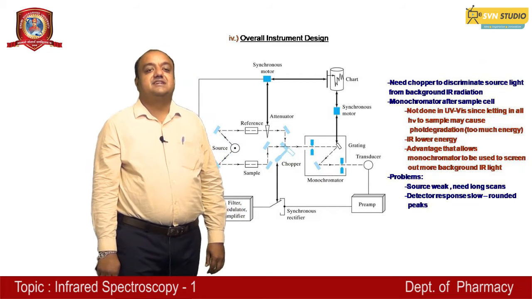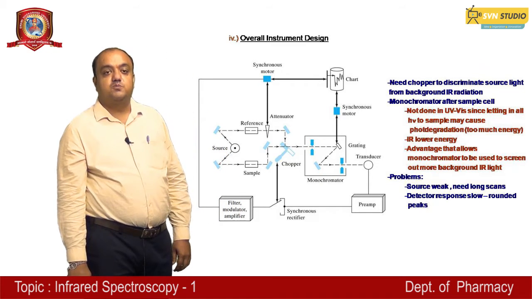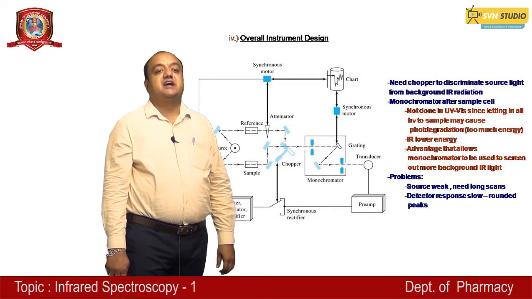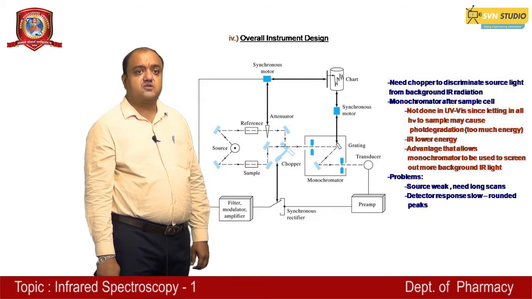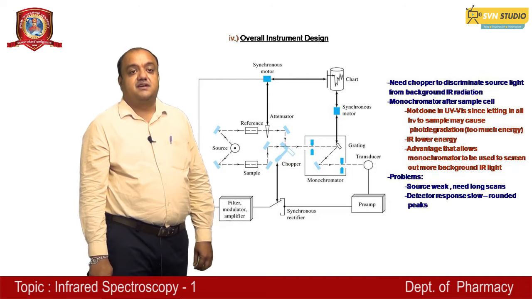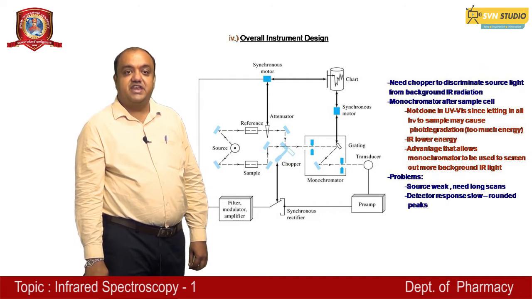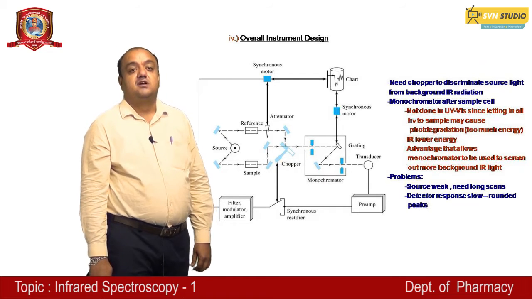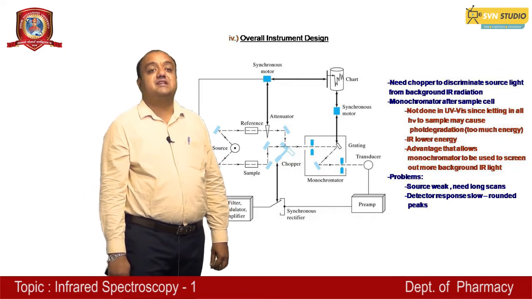IR has lower energy, an advantage that allows the monochromator to be used to screen out more background IR light. And two problems are there: the sources are weak and need a long scan, and the detectors respond slowly, which gives rounded peaks.